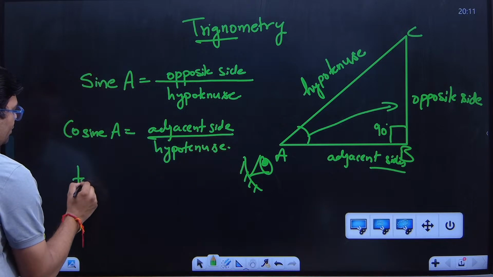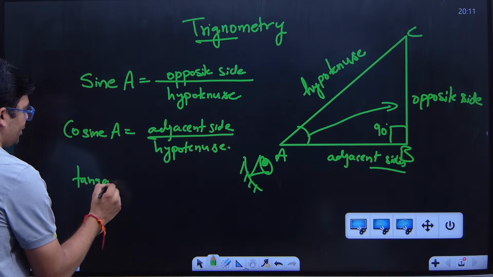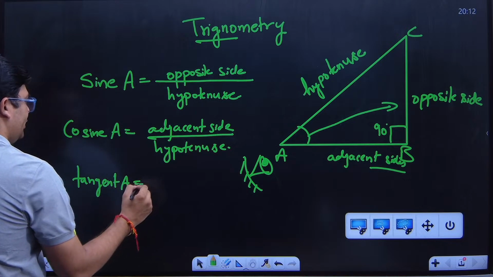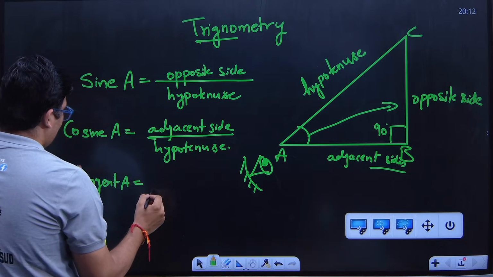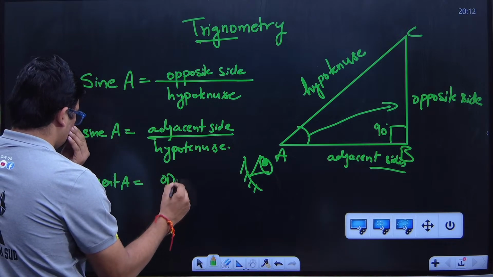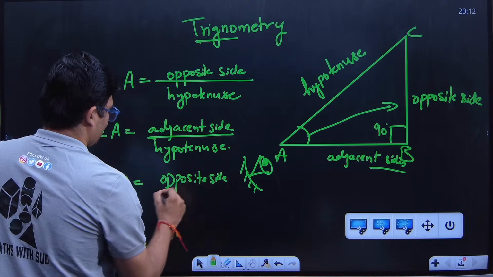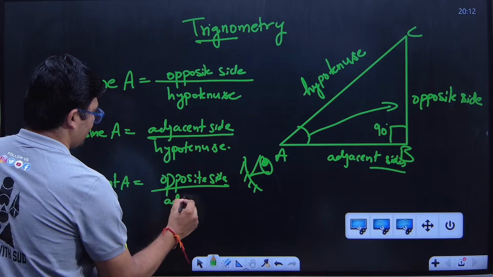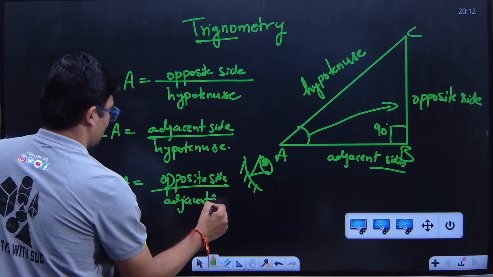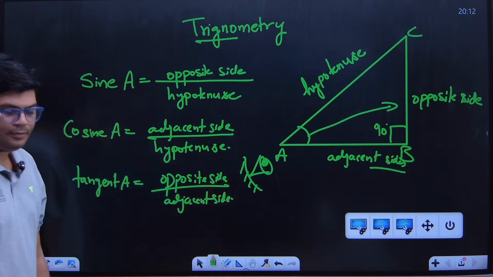And then we have a third ratio which is known as tangent. Tangent is opposite side divided by adjacent side. All right.